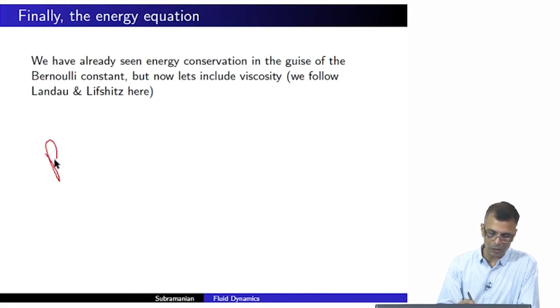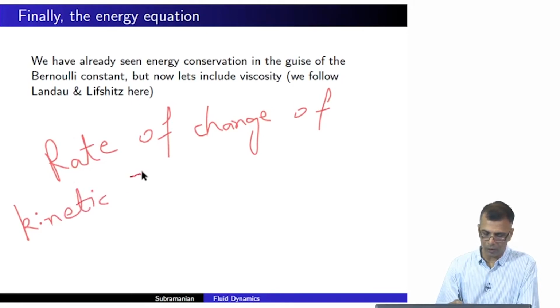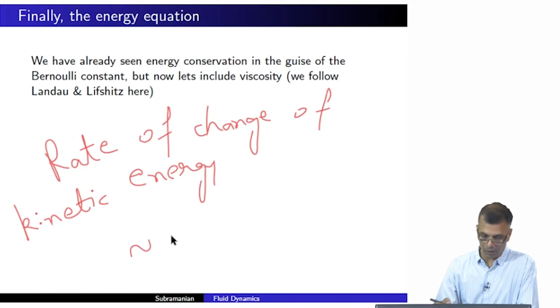So we will anticipate that result, and we will see that the rate of change of kinetic energy of a fluid parcel will turn out to be an expression like mu times something.